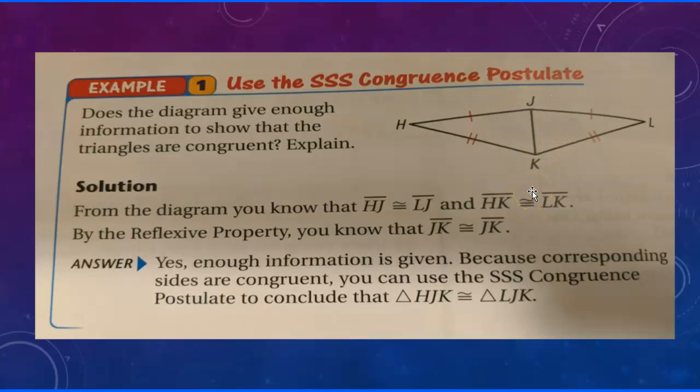Well, if we reach way back into maybe first quarter, early second quarter, we learned about the reflexive property. Remember that one? So we're pulling on something else to help us solve this dilemma. We know that JK is congruent to JK. That means that yes, we have enough information now to say that SSS congruence works here. But we did have to pull a little bit of information from a previous definition or property. So you're going to start doing that more, just to give you a little hint.